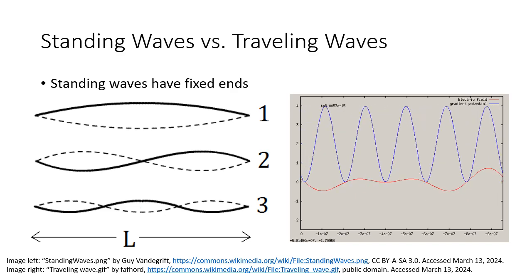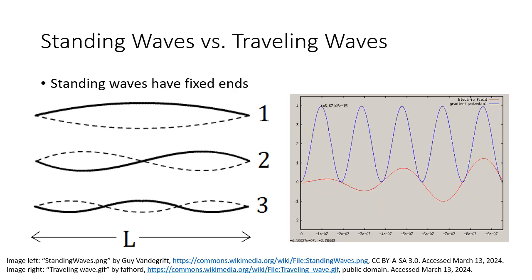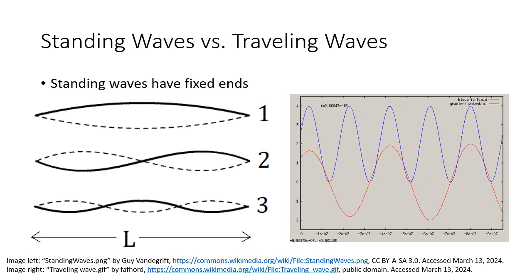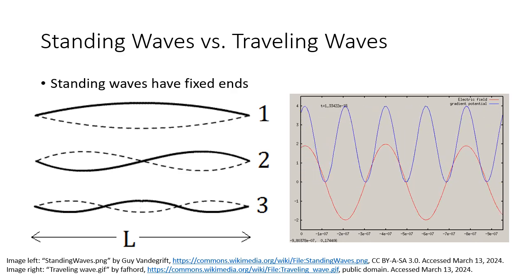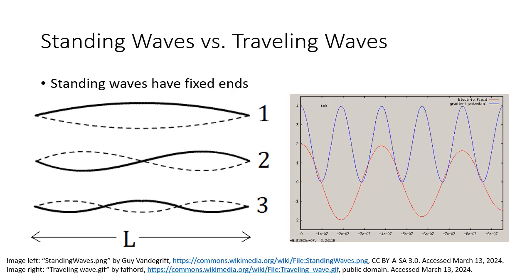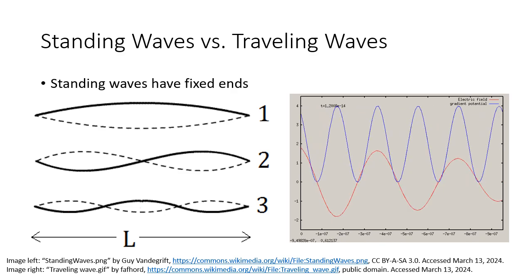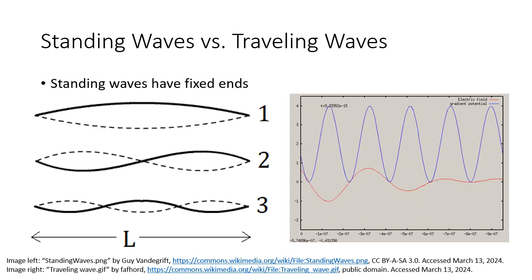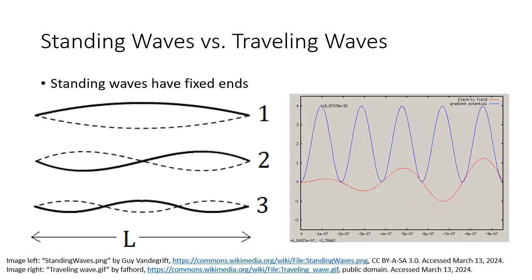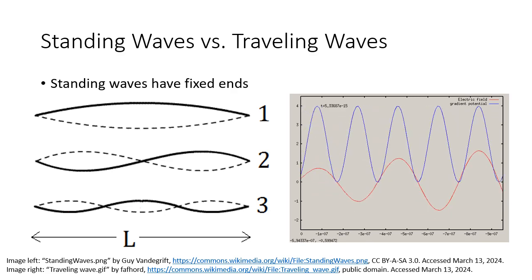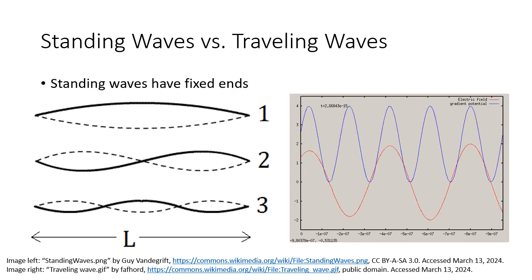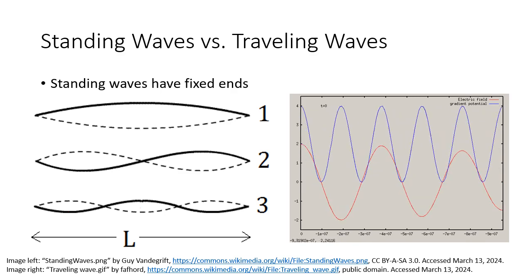This is what happens in bonds. The endpoints are fixed at the nuclei, and so that's why you get certain excitations at certain wavelengths. The nuclei fix the length the wave can travel. So on the left here we have a nice illustration of what happens when you try to fit a standing wave into a fixed location. Our two endpoints are more or less where the wave starts and stops.